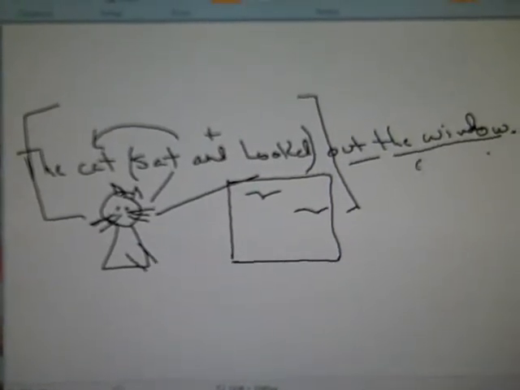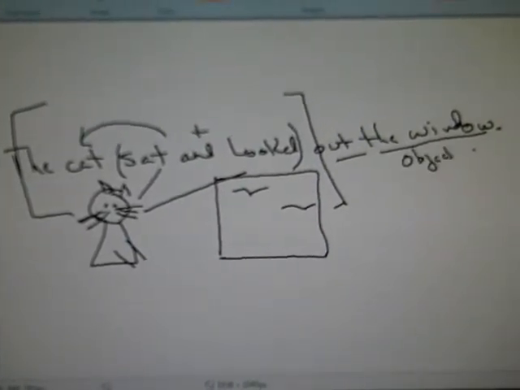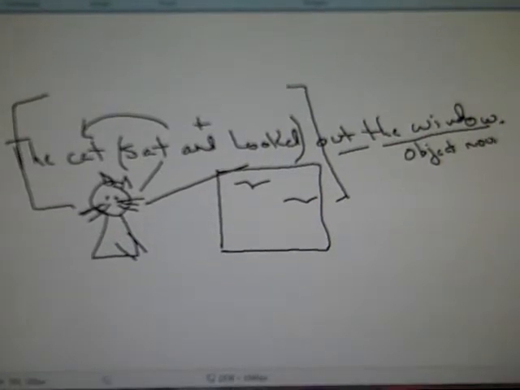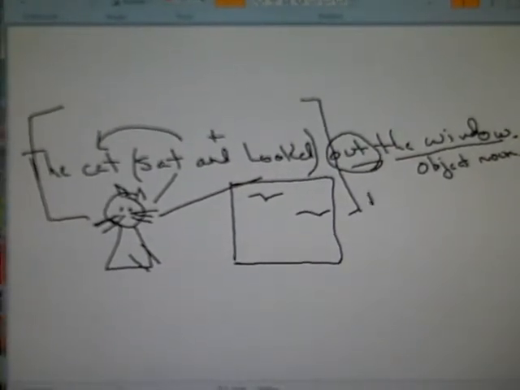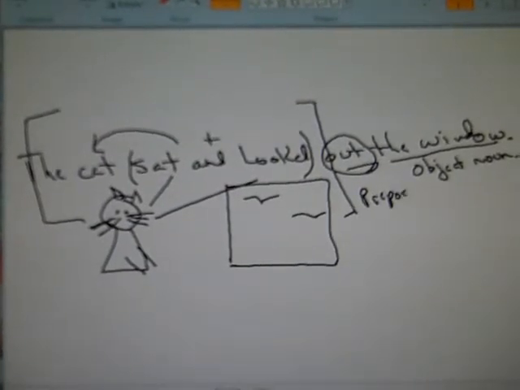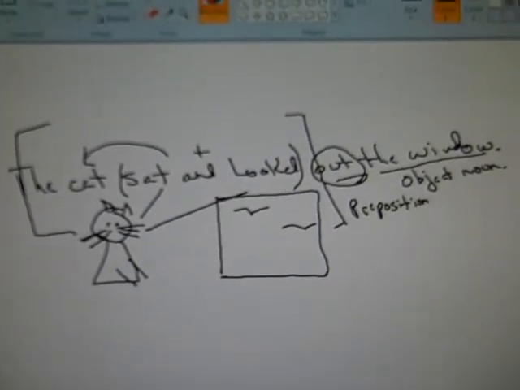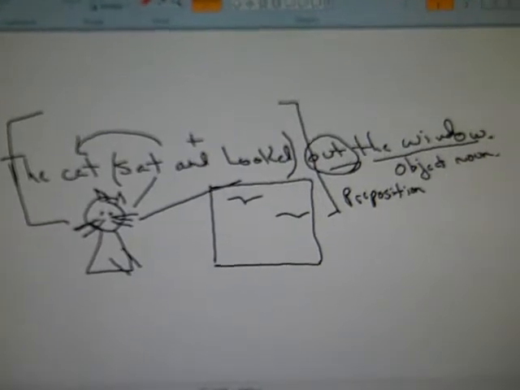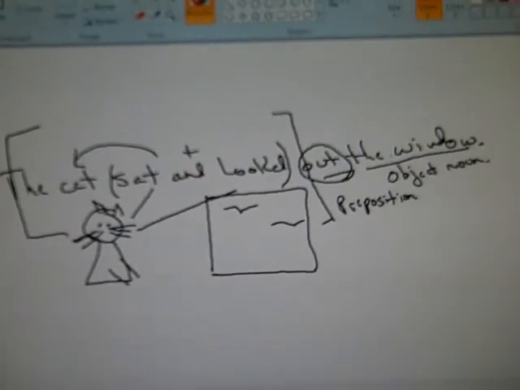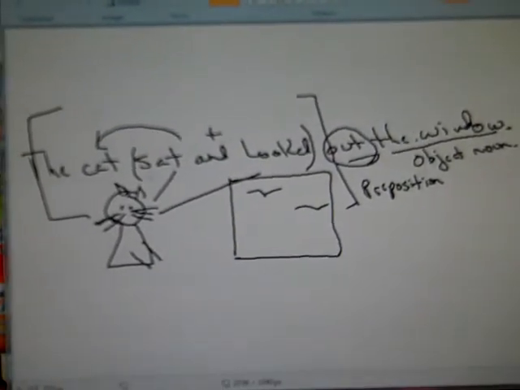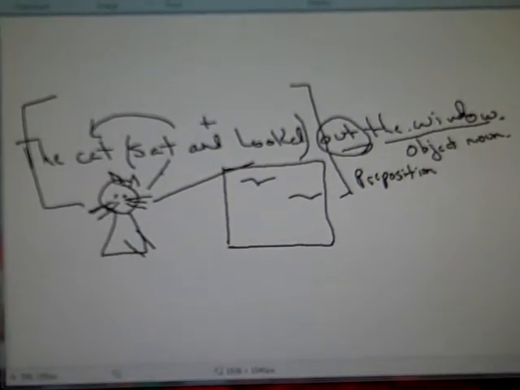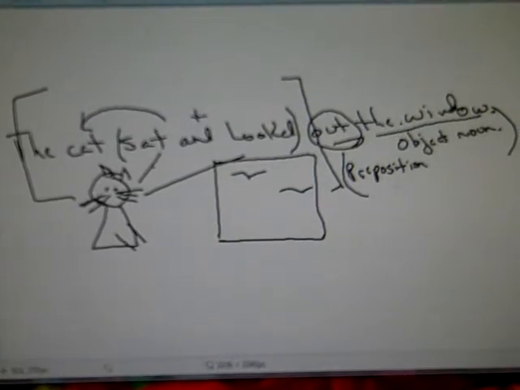The window is our object noun. Out is what? It's a preposition. It demonstrates the relationship of the object noun window to the cat sitting and looking. And together, they are a prepositional phrase.